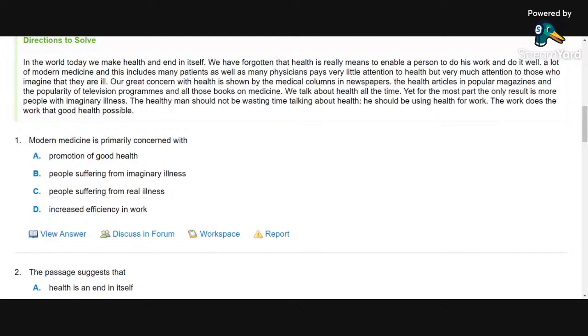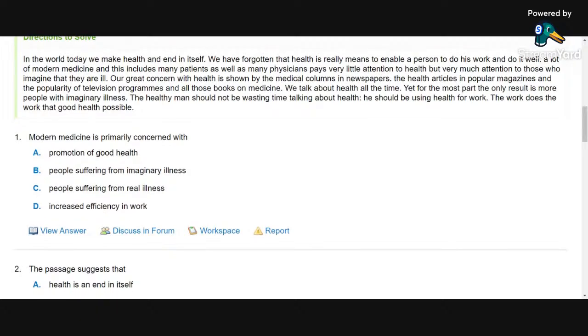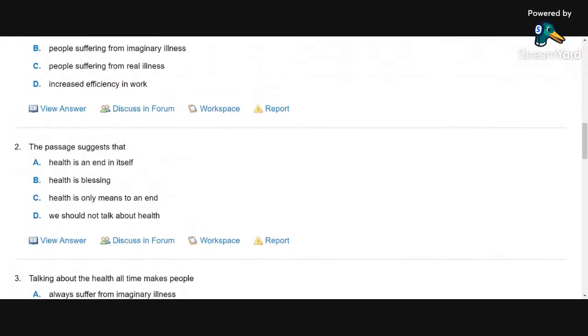Who else agrees with Darshan? In the second sentence you can see what it says of modern medicine, and this includes many patients as well as many physicians, pays very little attention to health but very much attention to those who imagine that they are ill. So people suffering from imaginary illness, correct? B was the right answer, guys.